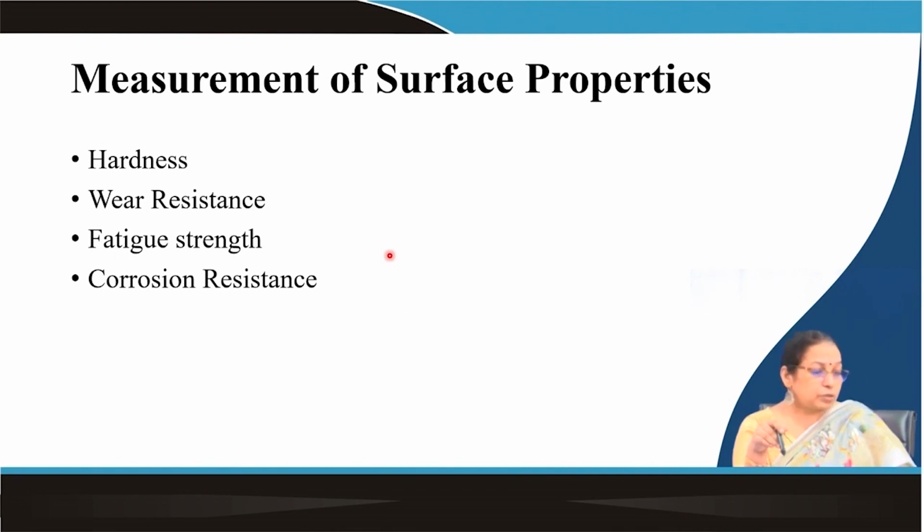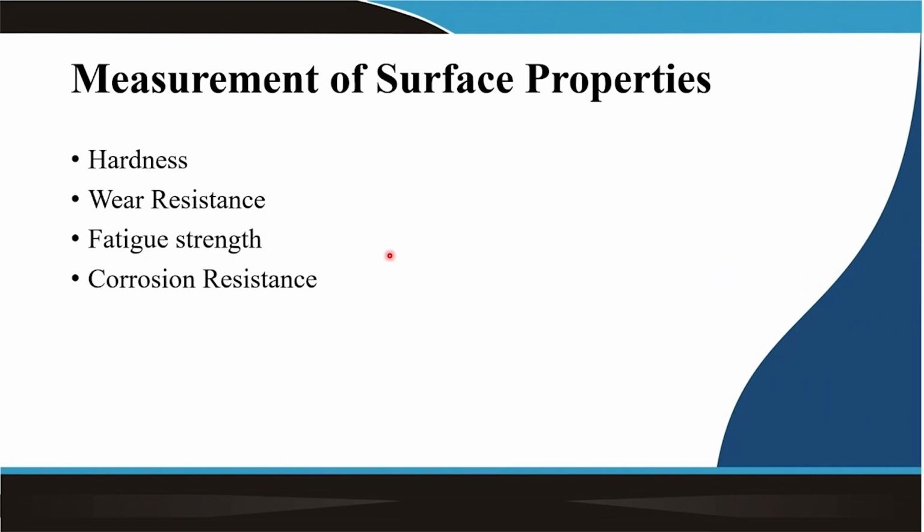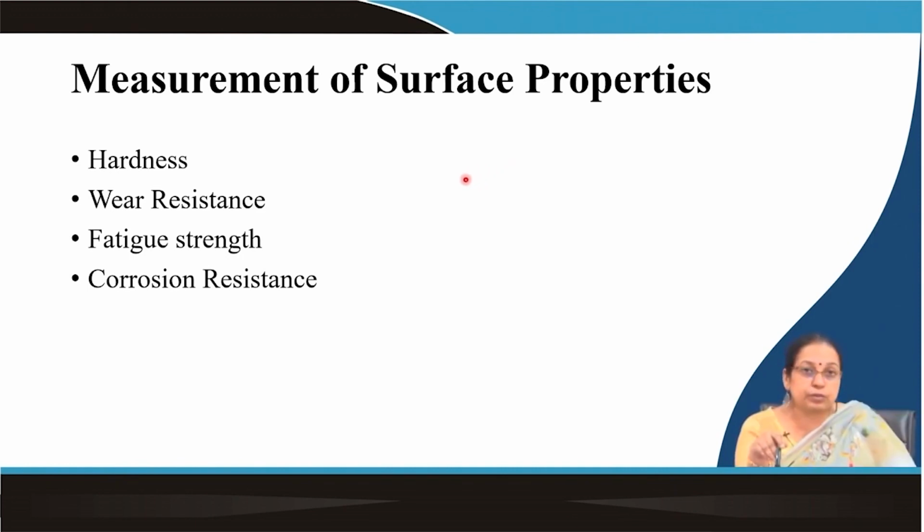Now, after all these techniques, we will try to understand the different destructive testings which are used for measurement of surface properties like hardness, wear resistance, fatigue and corrosion resistance properties.